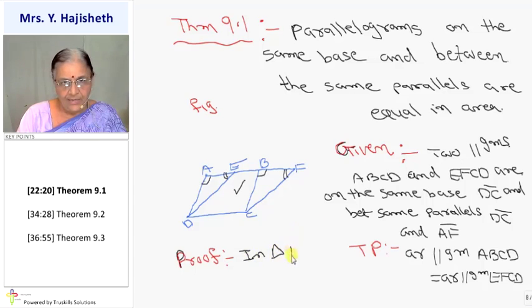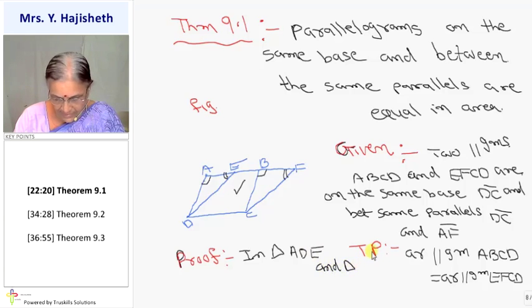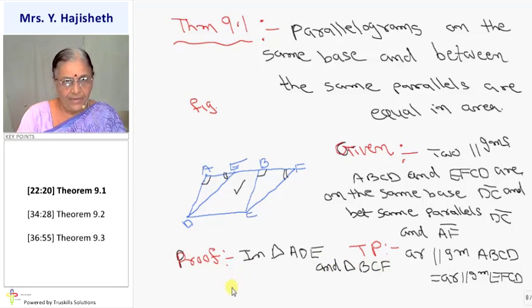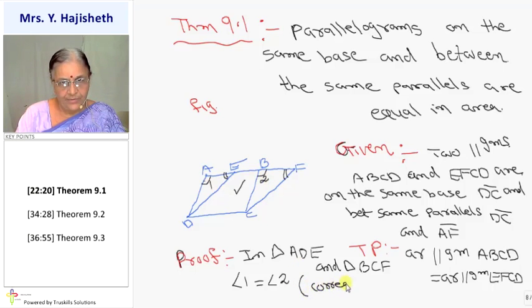ADE एंड ट्राइंगल BCF. क्लियर? पहले क्या लेंगे? एंगल 1 इज इक्वल टू एंगल 2. इसको हम 1 नाम देंगे, इसको हम 2 देंगे. क्यों? रीजन लेंगे करस्पॉन्डिंग एंगल. करस्पॉन्डिंग एंगल्स फॉर्म बाय व्हाट? फॉर्म बाय AD पैरेलल टू BC विथ ट्रांसवर्सल AF. Clear?